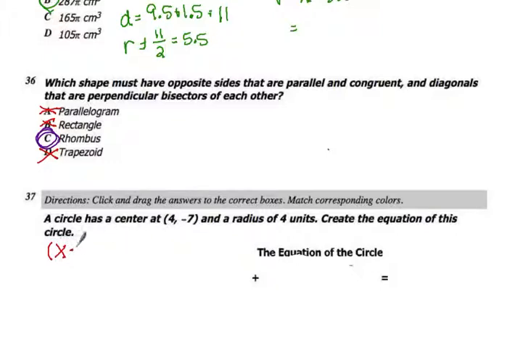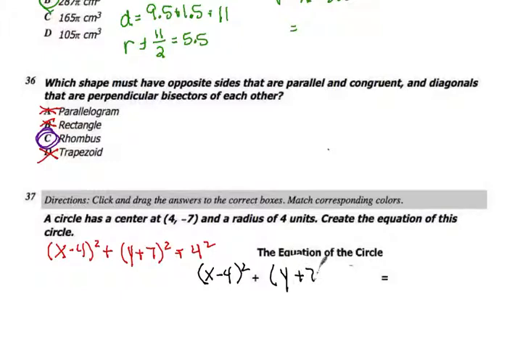So x minus 4 squared plus -7 becomes y plus 7 squared equals radius squared, 4 squared. So you would have dragged x minus 4 squared here, plus y plus 7 squared there, equals 4 squared, or it could have said 16. All right, I think it was 4 squared though.